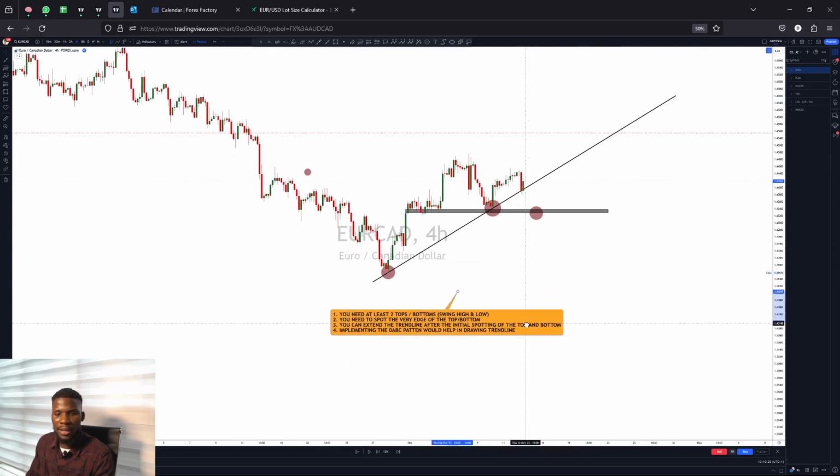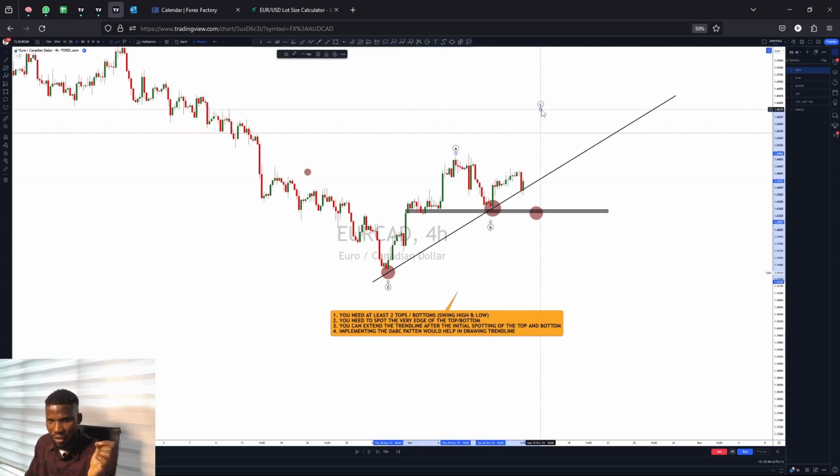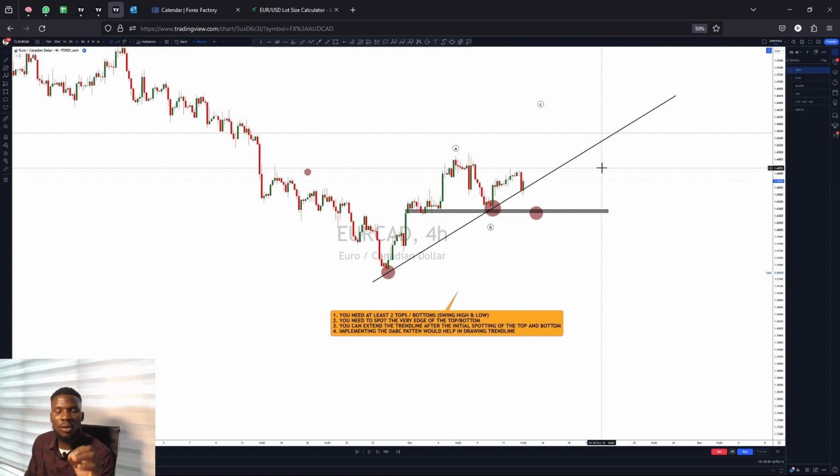Now coming back here, you saw what I showed you earlier. Now we have our O, A, B. Now we are looking for C. Until we see the proper formation of this OABC pattern, we are to chill and wait for the market to do what?